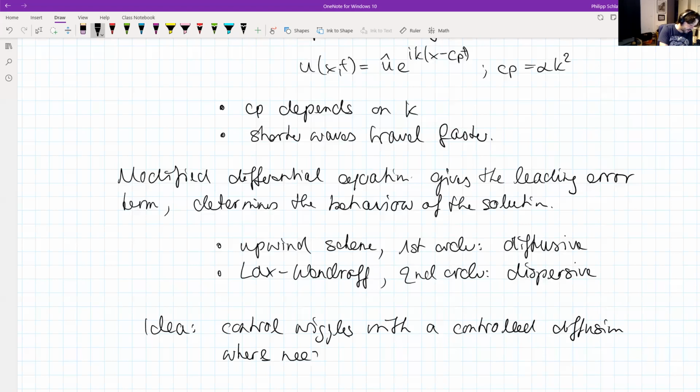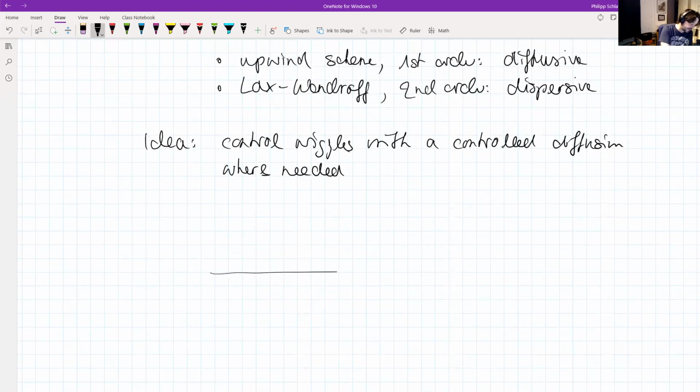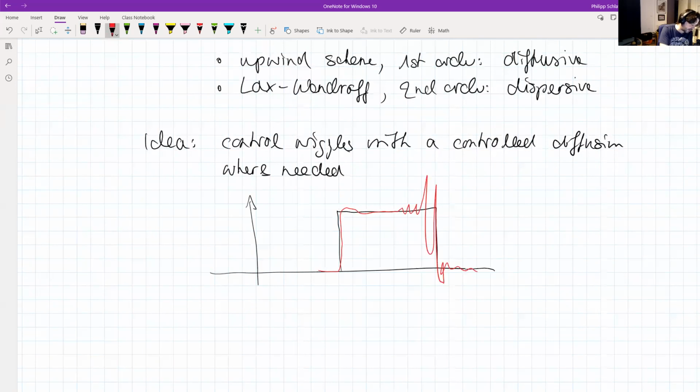Where needed. So for instance, if you take again the example that I just showed, where this was the exact solution, and now my second order scheme would maybe look like this.